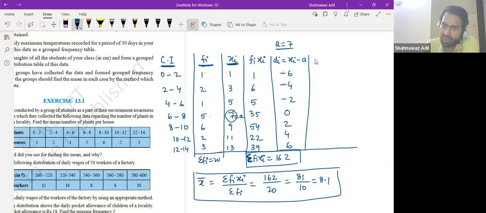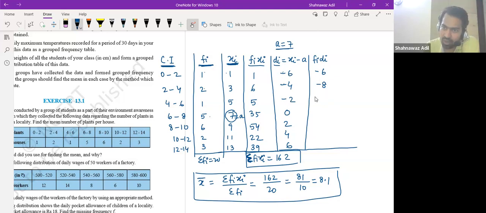So then we will calculate what? For xi, we calculated fi xi. So for di, we will calculate fi di, right? So fi di would be how much? So minus 6 into 1, so minus 6. Minus 4 into 2, minus 8.